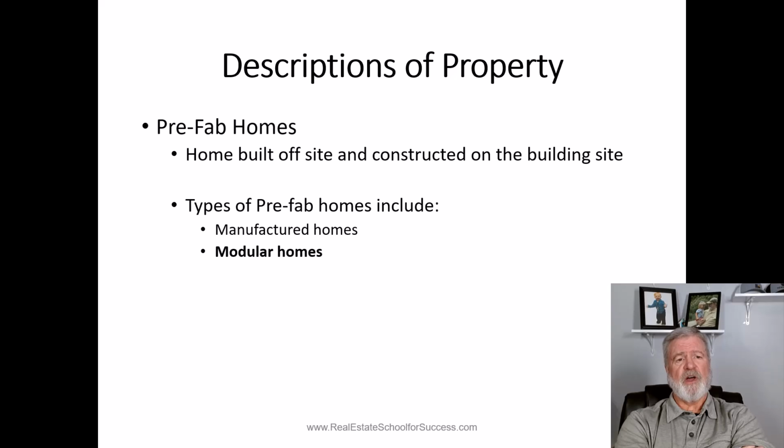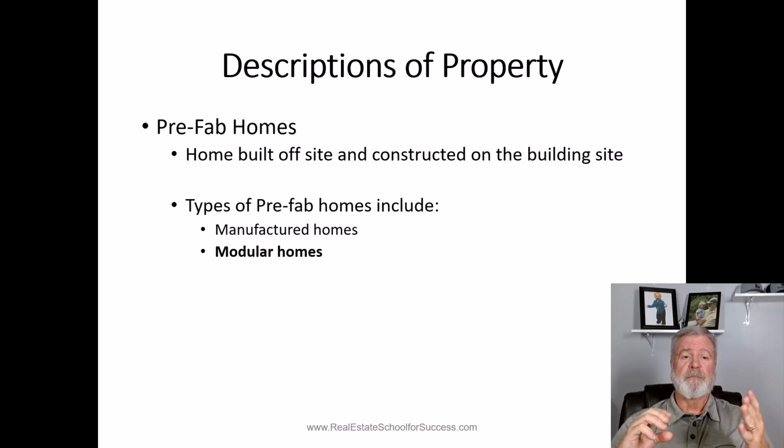And then the last type of property is what we call the prefab or prefabricated homes. Now, this is a big deal here. If you're listing a house and it is a prefab home, you better make sure that's disclosed. Because now this can get you in a lot of trouble. But what is a prefab or prefabricated home? It's what it sounds like.